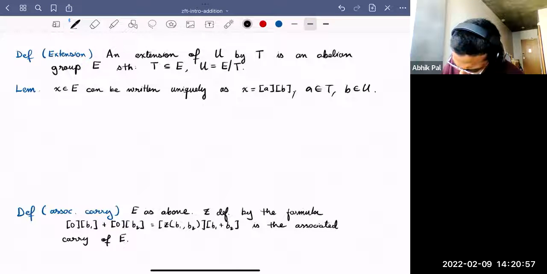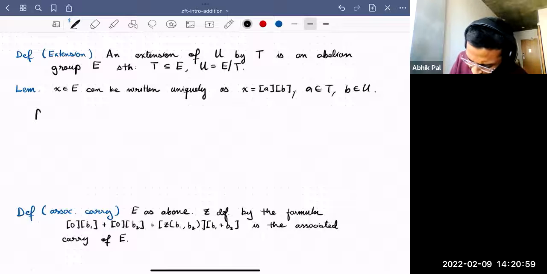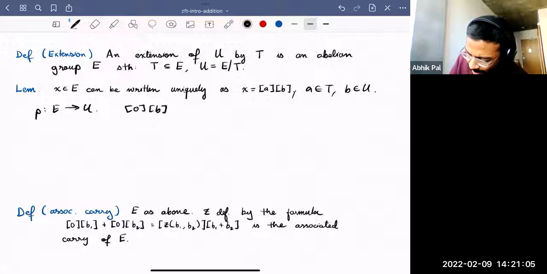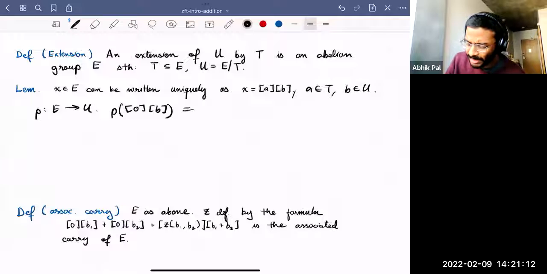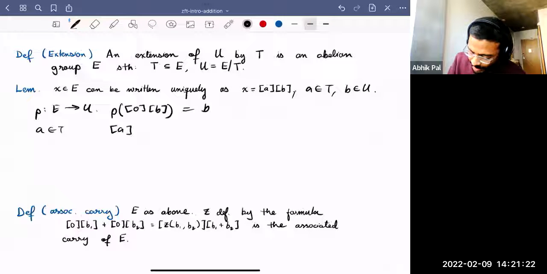And the way the proof will work is that we'll look at the projection from E to U, and I just need to define what this element means. I'll think of the symbol 0, B as being any element that just maps to B inside U. And for any A in T, I'll think of T sitting inside E as the element A, 0.